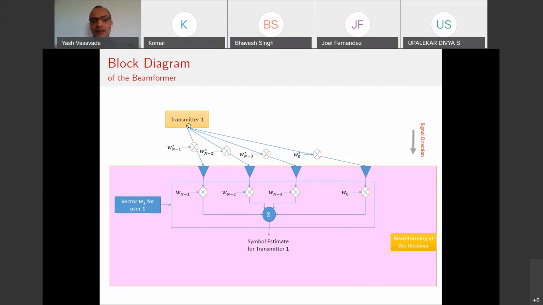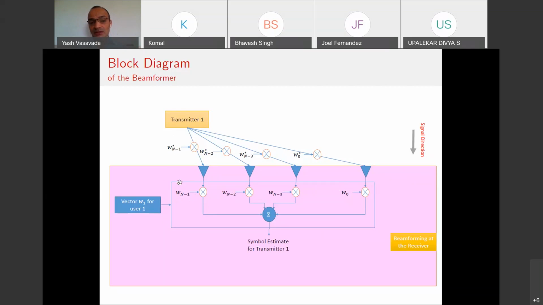Also, suppose this transmitter is not exactly where the receiver thinks it is. The receiver thinks that the transmitter is at some angle, 60 degrees, let us say, and accordingly it defines this single user match filter weights. But it turns out that the actual transmitter position is 55 degrees.